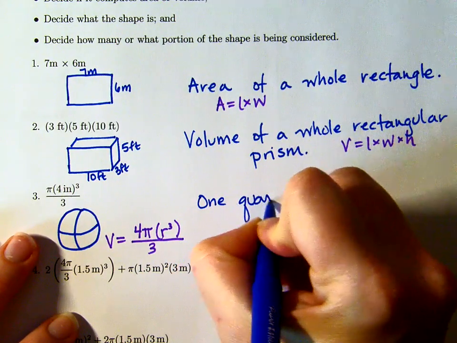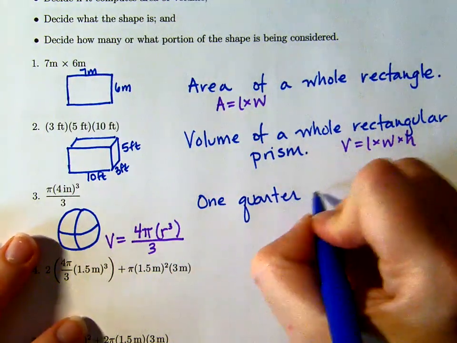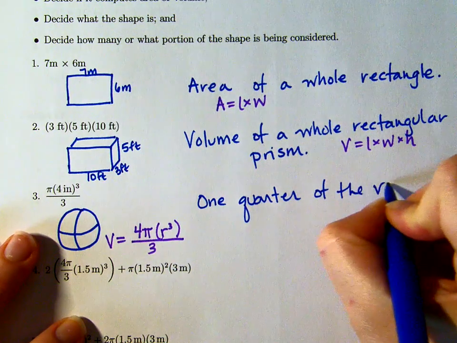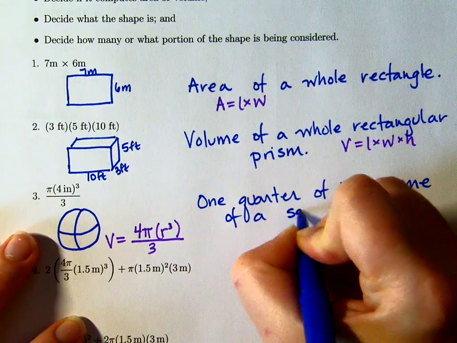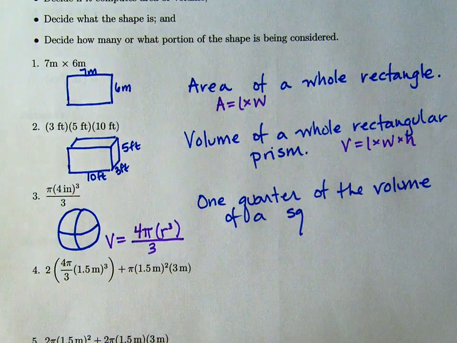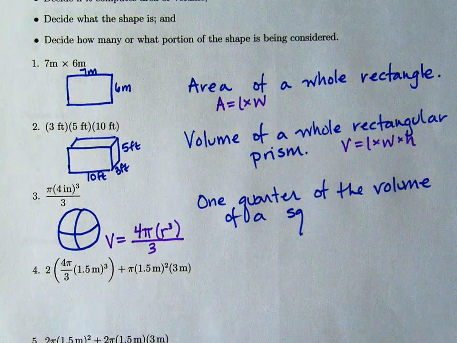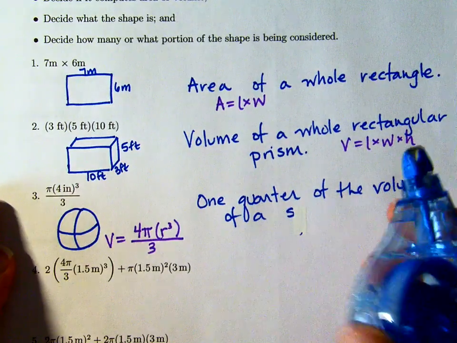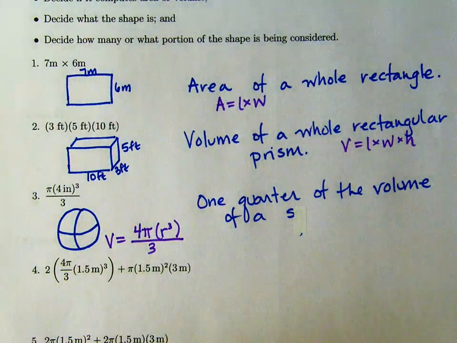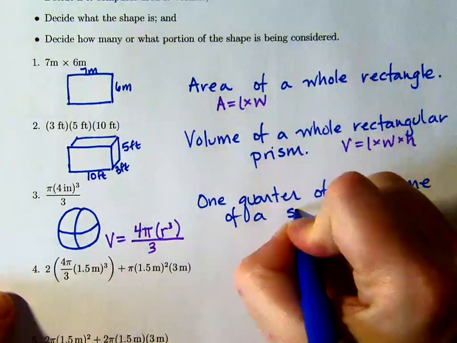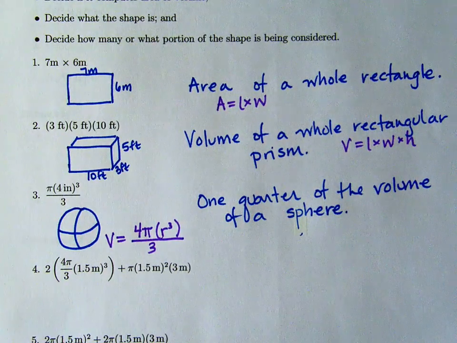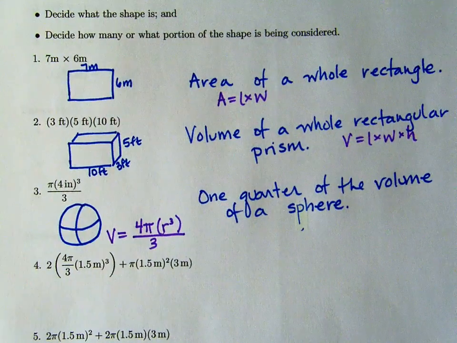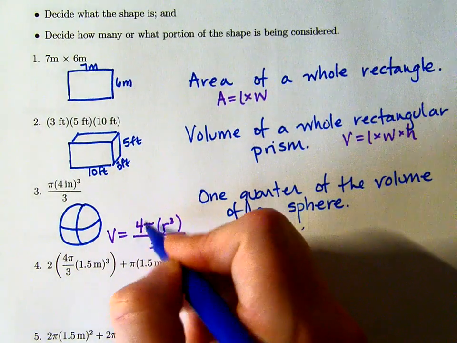1/4 of the volume of a sphere. Oopsie. Yep, I just wrote a backwards P. 1/4 of the volume of a sphere. And that's because it didn't have this 4.